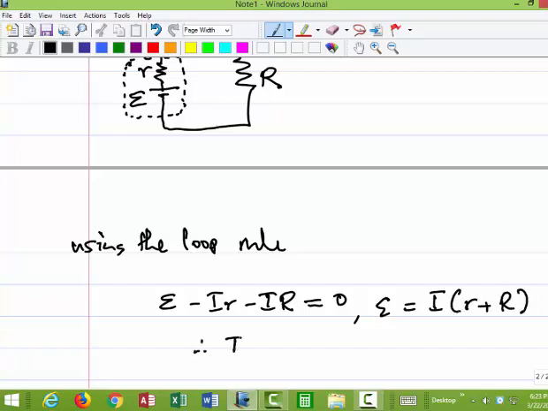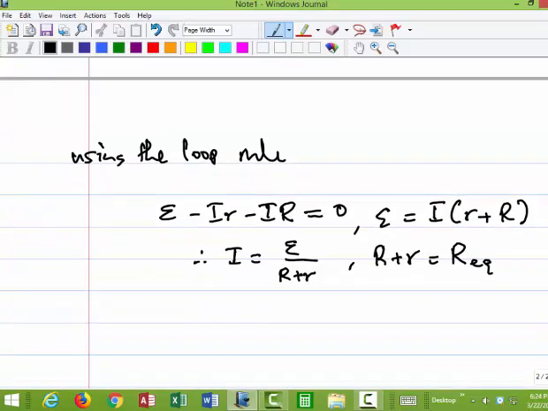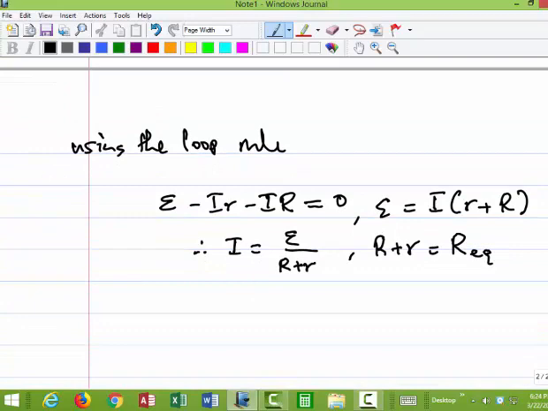Therefore, the current through the circuit is given by EMF over R plus little r, where R plus little r is called the equivalent resistance of the circuit. You are familiar with equivalent resistance because we talked about that 2 days ago. So I can be written as E over R equivalent. Okay, so that is what we have for a real battery.